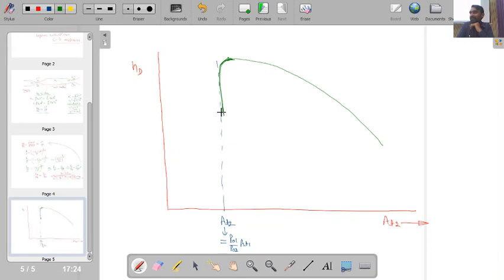Okay, my efficiency will have a sudden fall. Why? Can you tell me why there will be a sudden fall in efficiency? So what I am saying over here, say this is my A2. Okay, so if I decrease A2, what will happen?